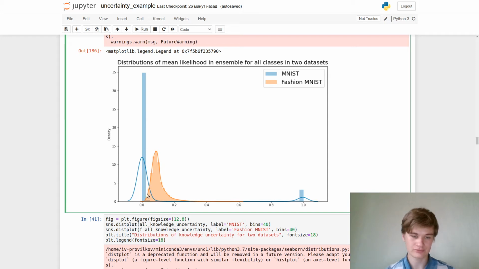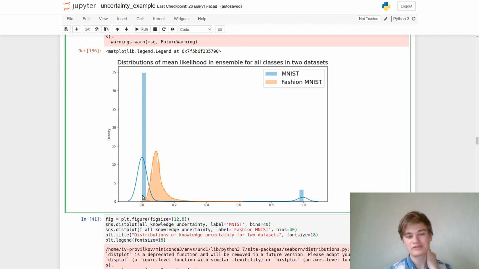They have two big maximums. One maximum is with the probability near 1 of the class that our model understands as the true class, and we have very low probability for all other classes.